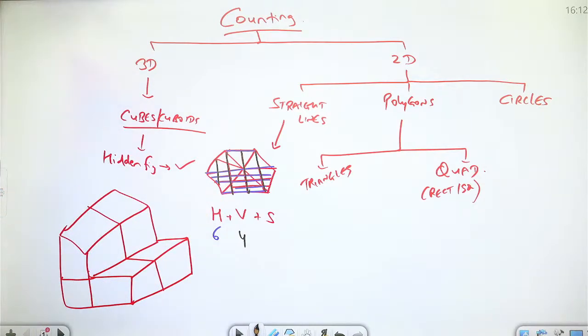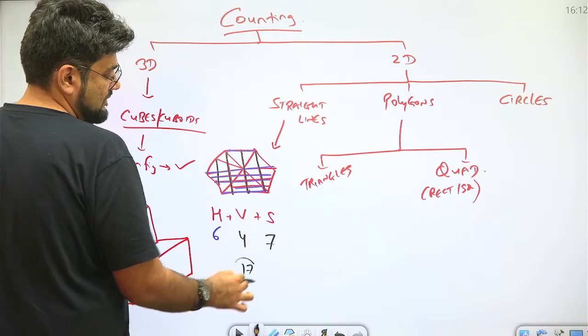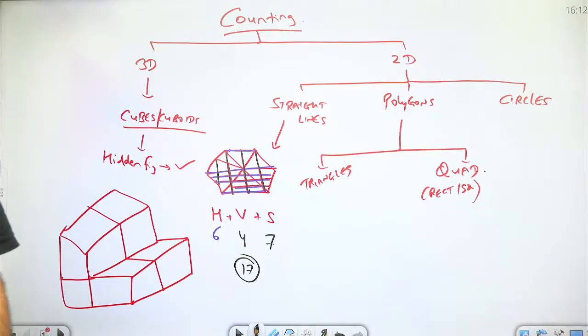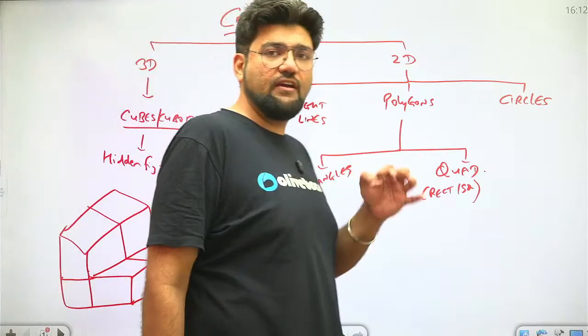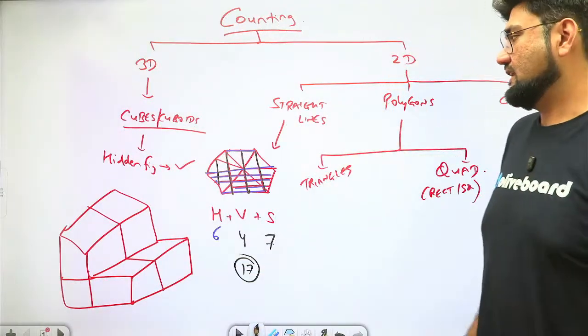How many slant lines do I have? 1, 2, 3, 4, 5, 6, 7 slant lines. So there are 17 straight lines in all which are formed here. So this is how you will observe. You will break it down into smaller sections one by one, always horizontal, vertical and slant, and then you will count them. That's how you will progress in a straight line case.